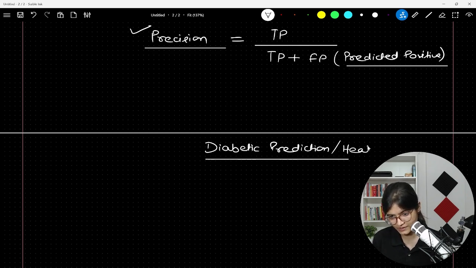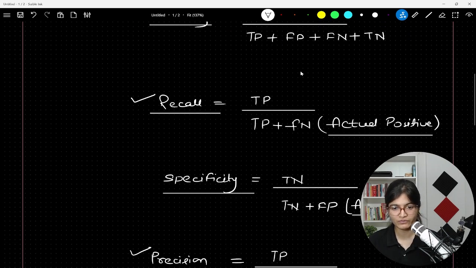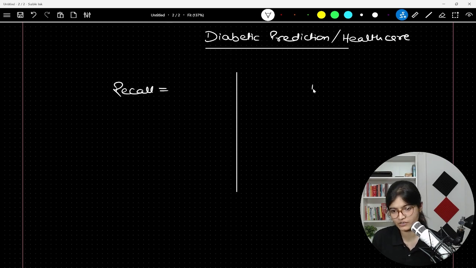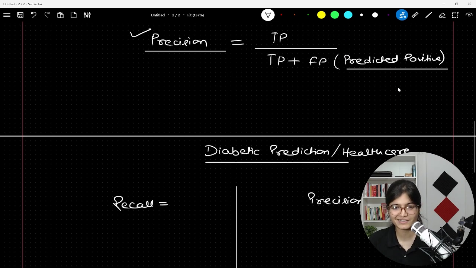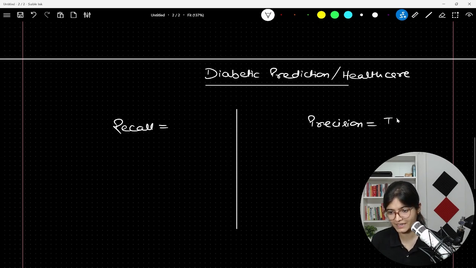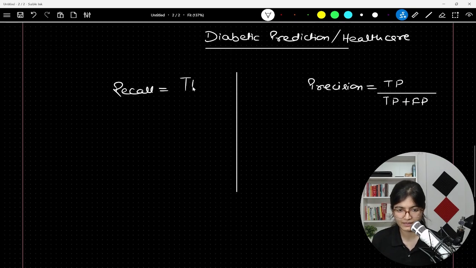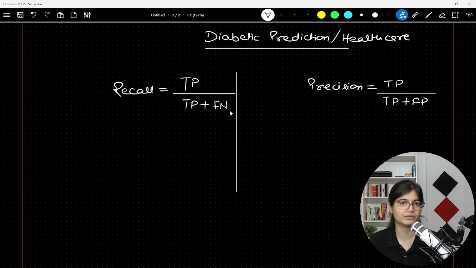We are comparing two evaluation metrics, recall and precision. Precision is TP divided by TP plus FP. Recall is TP divided by TP plus FN. I hope you all remember, right?